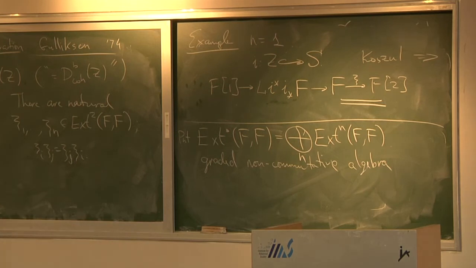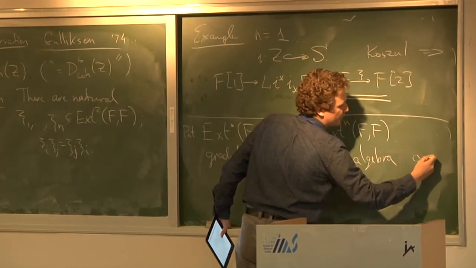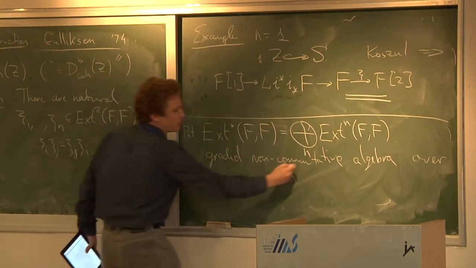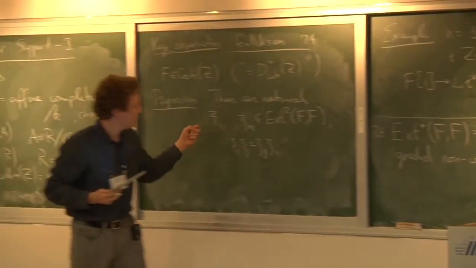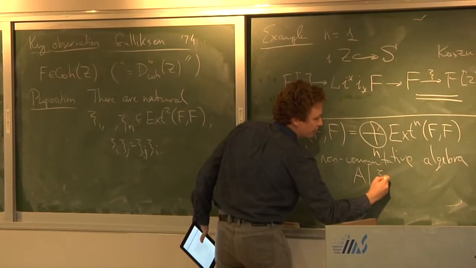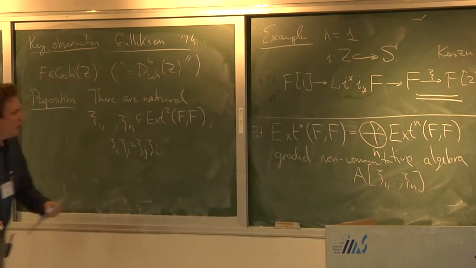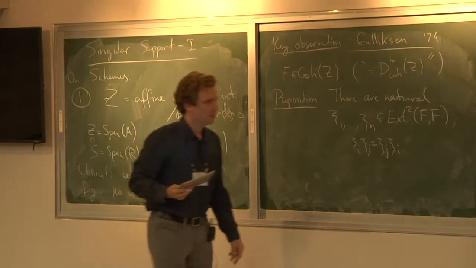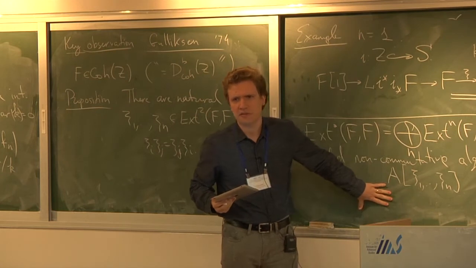But because it has these particular commuting elements, it's not just an algebra over A, but in fact it's an algebra over A with these n variables added in. By the way, does this thing get in the way? Can I write here? Yes, it can.